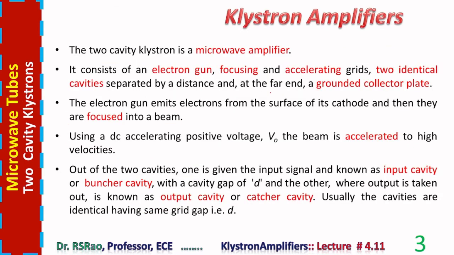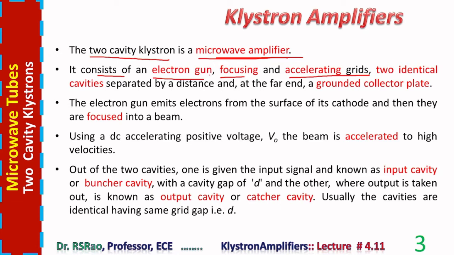Now the focus is on two-cavity klystron amplifiers. The two-cavity klystron is a microwave amplifier. It is capable of amplifying signals that fall in the microwave band. It consists of an electron gun, focusing and accelerating grids.